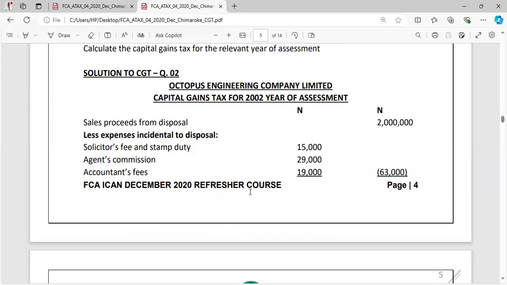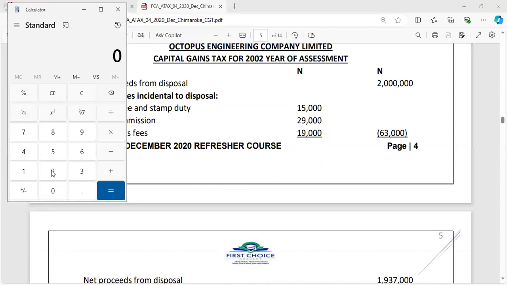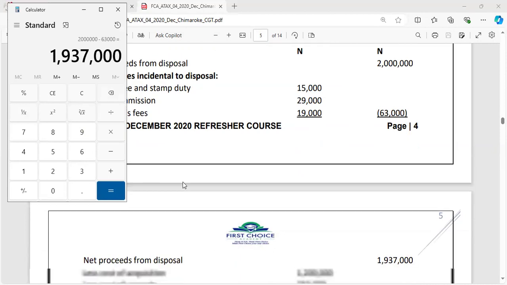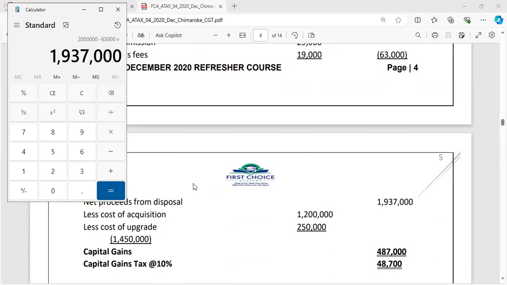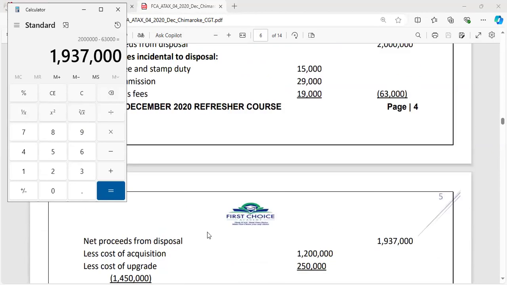We need to remove this 63,000 from 2 million. So we say 2 million minus 63,000, and that gives us 1,937,000. This is your net proceeds from disposal.